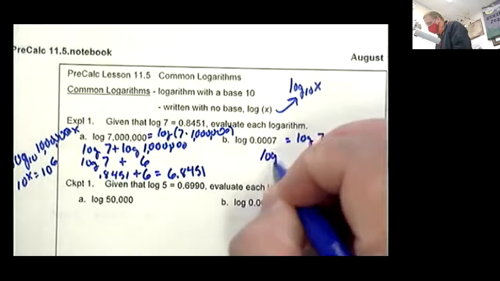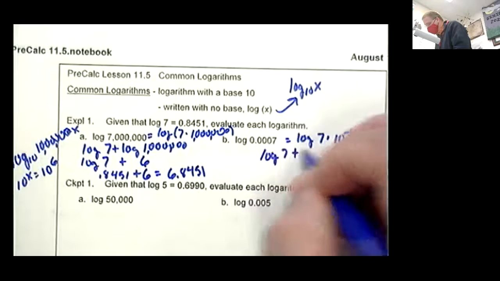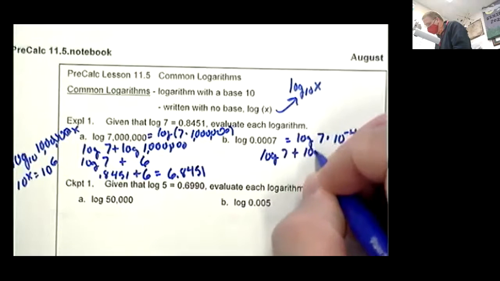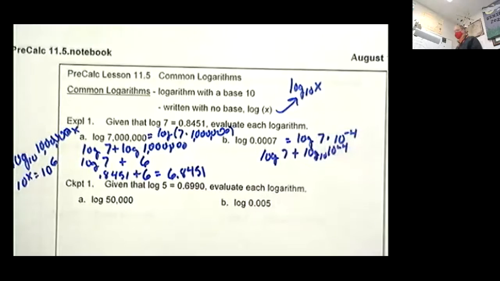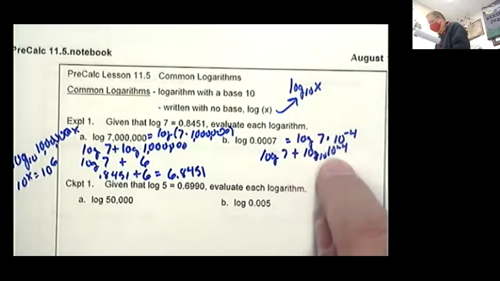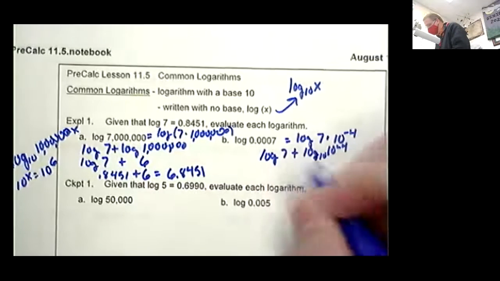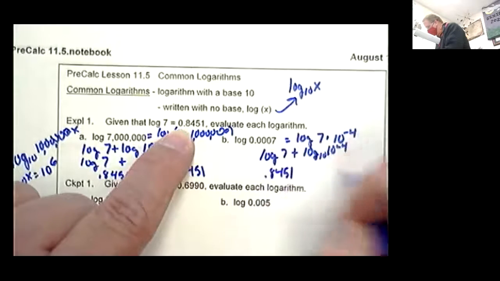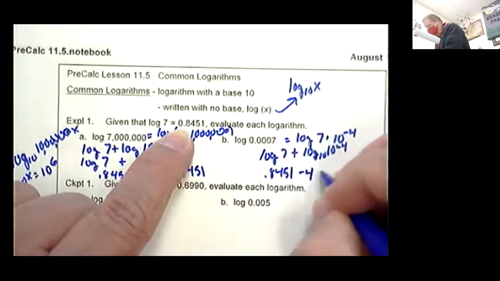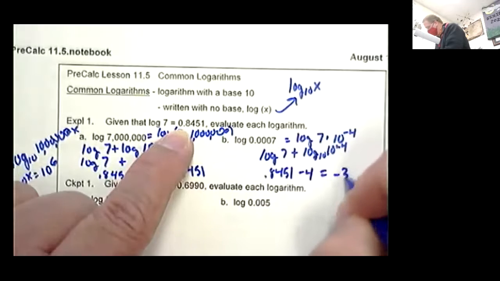So this is log of 7 plus log base 10 of 10 to the negative 4th. Well, that's just an exponent that has to come out. Log base 10 of 10 to the power is just the exponent. So we have log of 7, which is 0.8451, minus 4, and that gets us negative 3.1549.